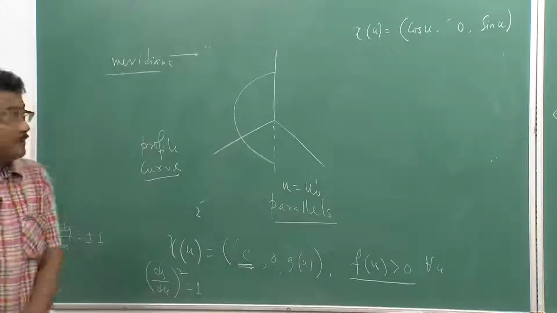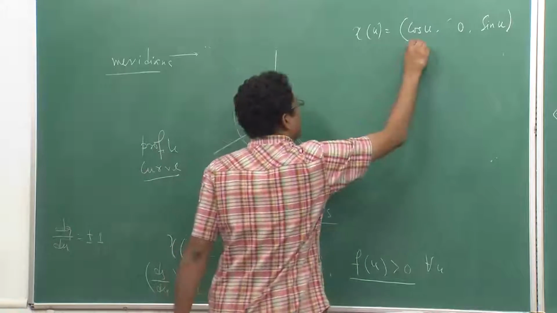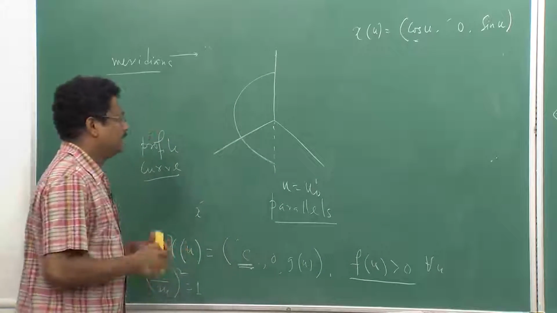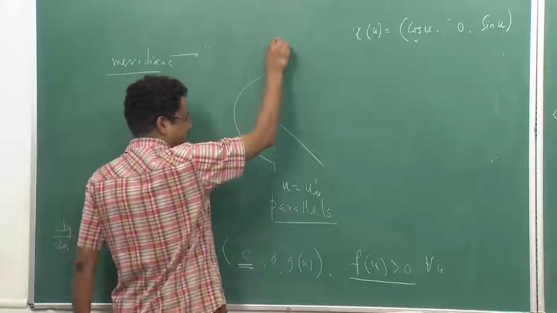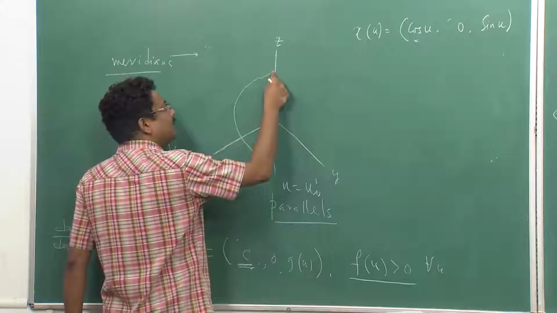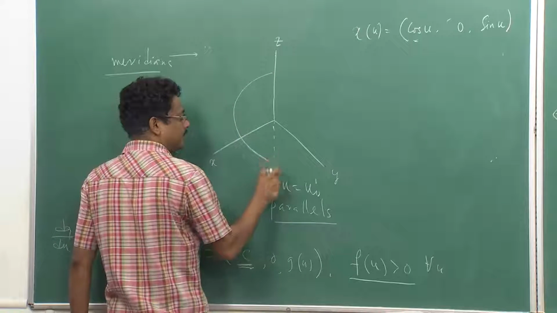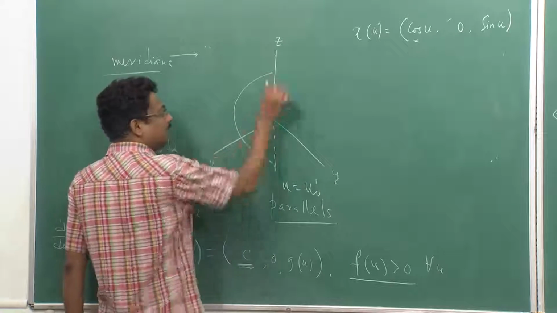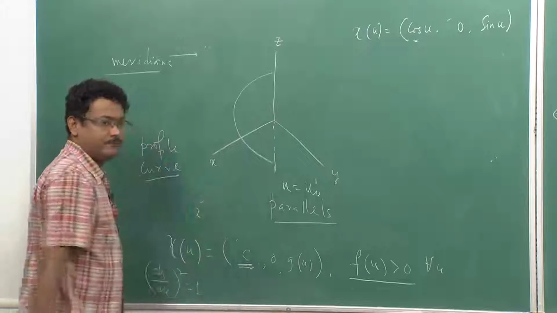Here the f(u) part is not constant. I had some condition that I should not touch the z axis, but it does not matter, because if I remove a little bit, the parallels are not going to be changed.